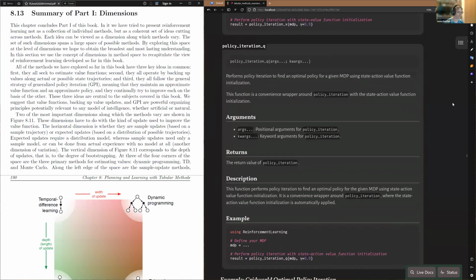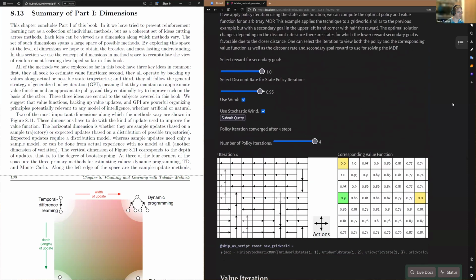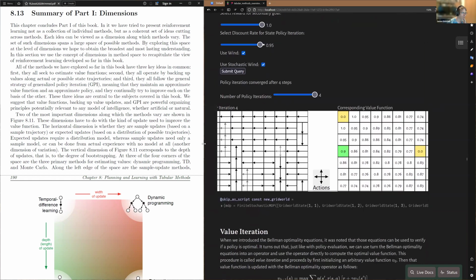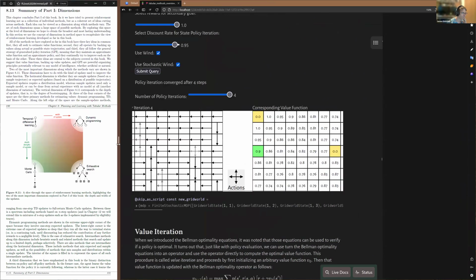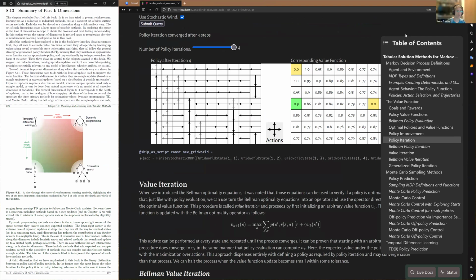So to see this in action, I've set up the same grid world here. And actually, there was a question before of whether the discount rate can actually change what the optimal policy is. In general, it can.